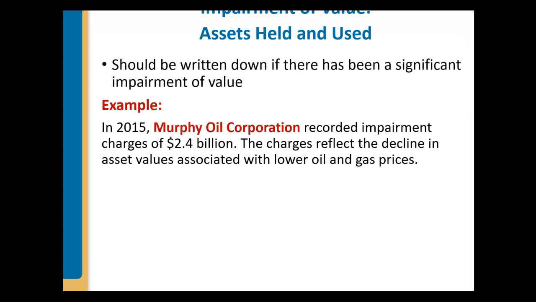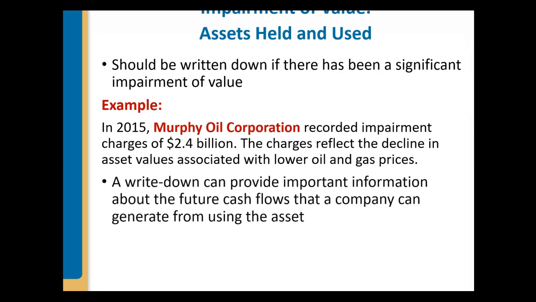So an increasingly common occurrence in practice is the partial write-down of property, plant, and equipment and intangible assets that remain in use. For example, in 2015, Murphy Oil Corporation recorded impairment charges of $2.4 billion. The charges reflect the decline in asset values associated with lower oil and gas prices.